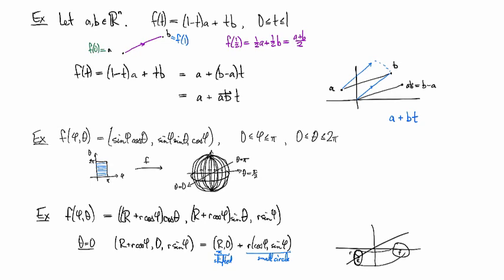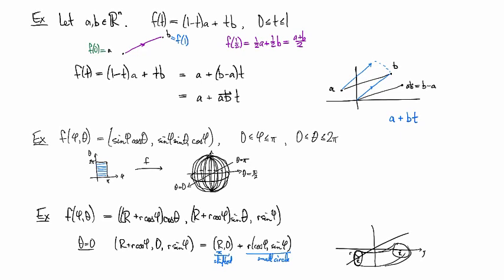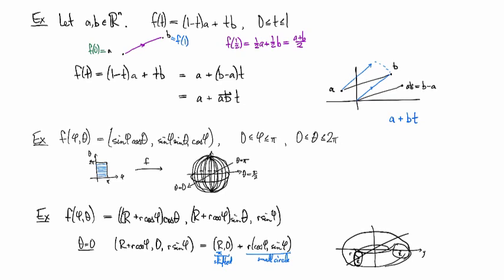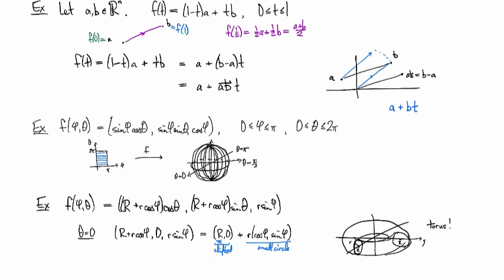So now we're at capital R on the positive y-axis, and it just keeps on moving around, and we end up sweeping out a donut. So it gives us a torus. All right, so there's a fun one.